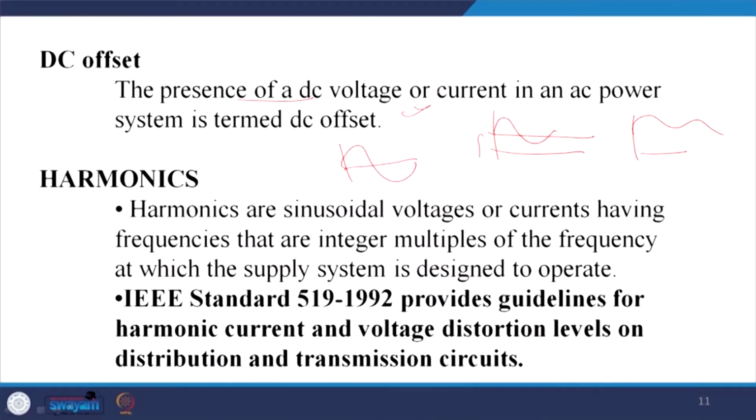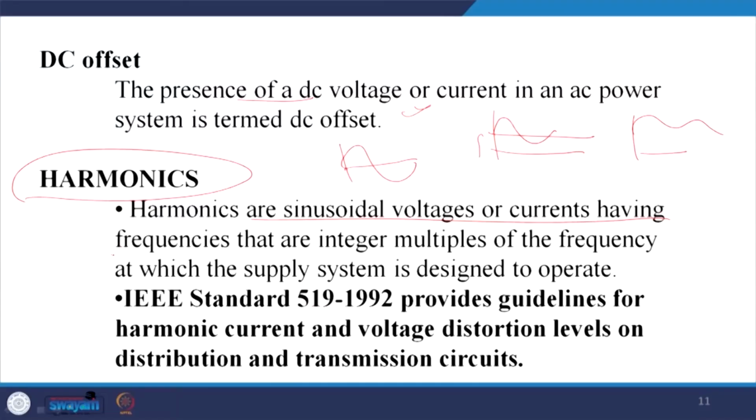Generally, it happens when the triggering pulses are not the same and you need to compensate for that over time. DC offset can be eliminated by properly switching the thyristor based devices and keeping the positive area and the negative area the same. The harmonic is the most dominating entity in power quality.